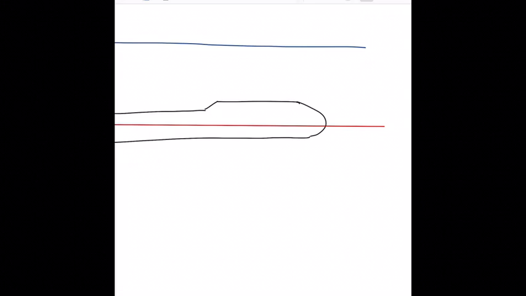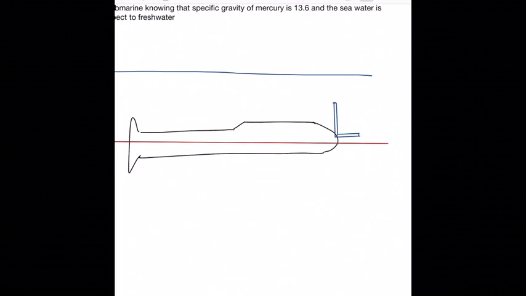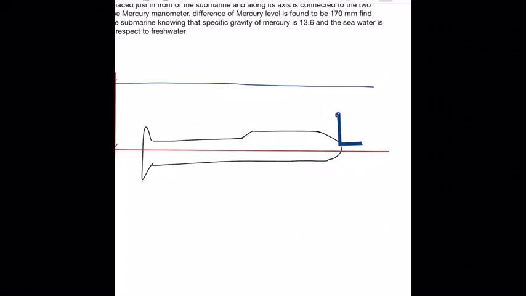So the pitot static tube, I am going to draw the pitot static tube. This is our pitot static tube.